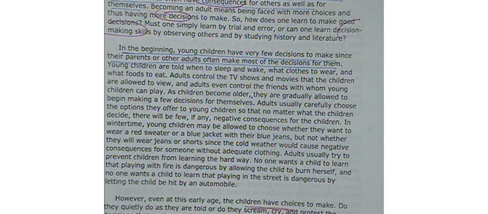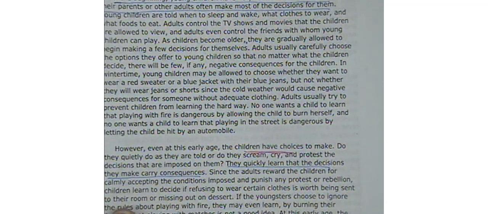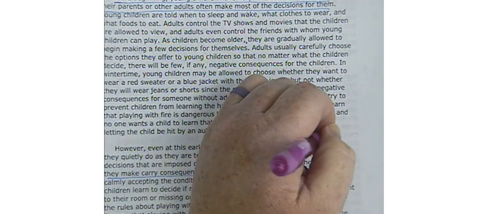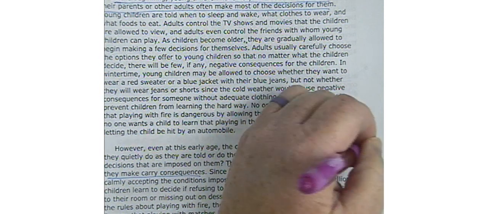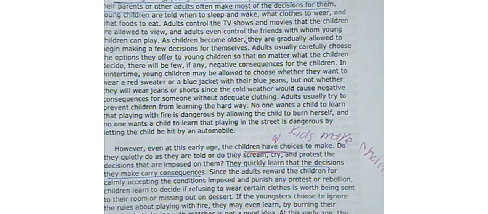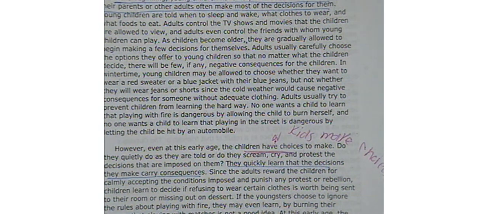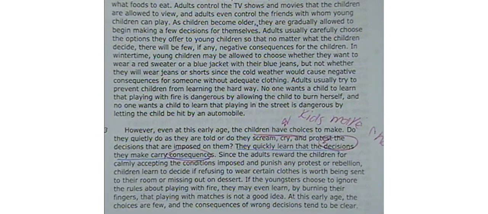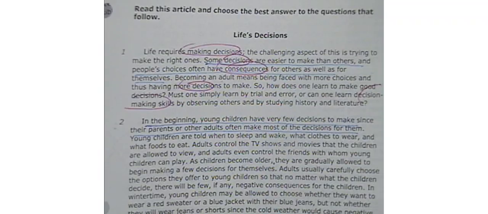So they have to have that responsibility. So kids make choices. Okay, and then it says they quickly learn that the decisions may carry consequences. Again, we're still focusing on decisions, consequences. And you should hopefully have noticed this repetition of words, decisions, and consequences all throughout the text.